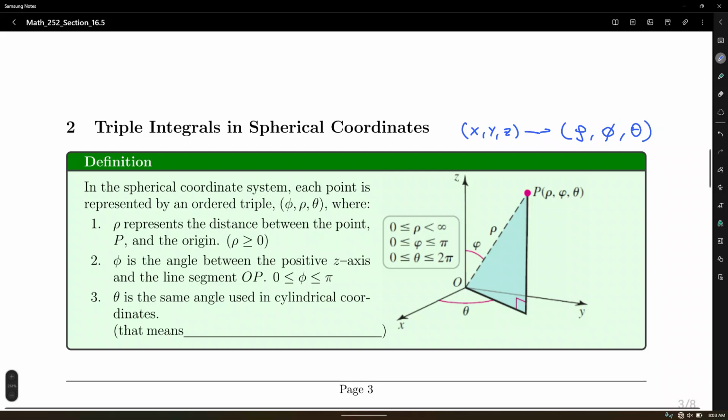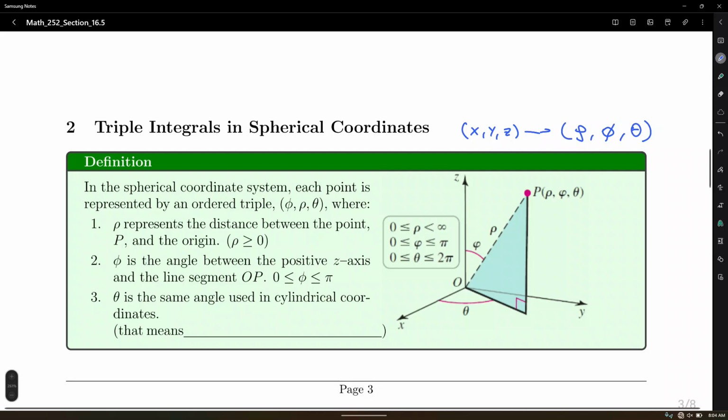It's not the same as the radius of the circle, because a sphere will project a circle on any plane, not just the xy plane, but also the yz plane or the xz plane, depending on your perspective. But typically we do the projection onto the xy plane.